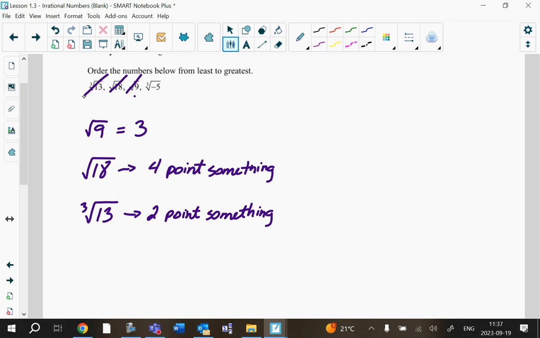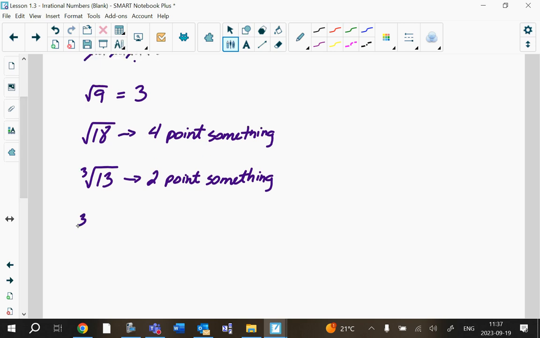So the cube root of any negative number will always be, not itself, negative. It'll be negative. And that's all I need to know. I don't need to know the exact answer. All I need to know is that it's going to be negative. And if it's negative, that means this must be the smallest one.